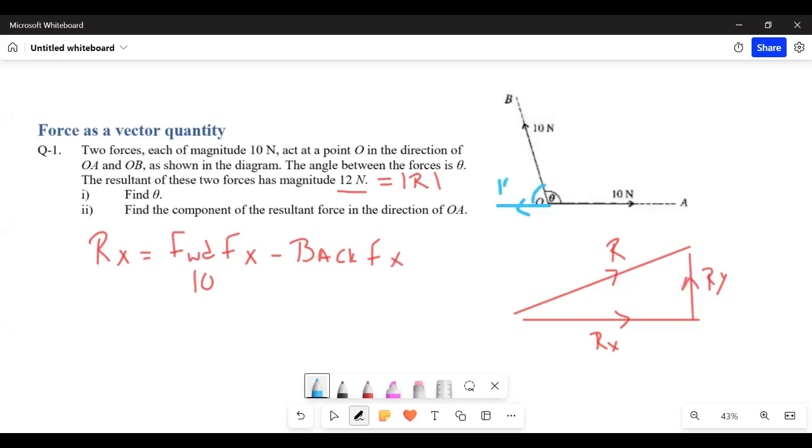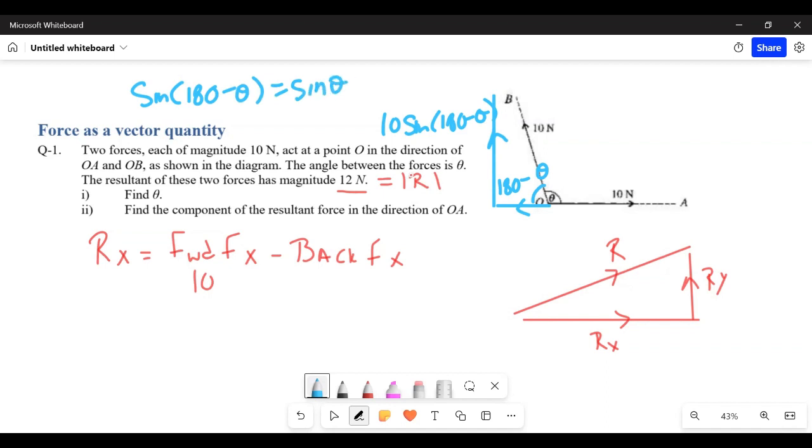So the opposite component is going to be 10 sine of 180 minus theta. But we know from the identity that sine of 180 minus theta is the same as sine theta. So that is just 10 sine theta.